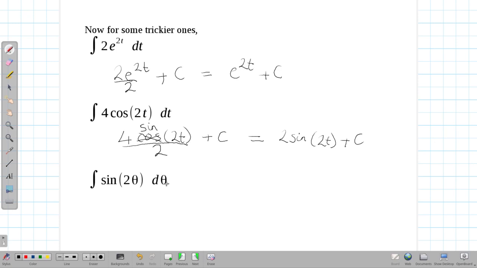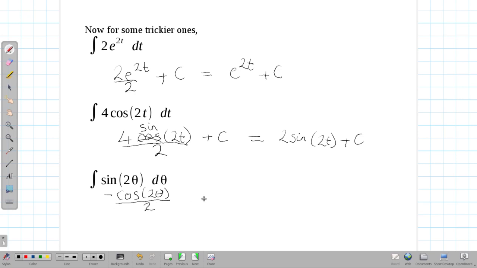Right, this one here, now we've got an issue here. Well, we haven't got an issue, but it's easy to trip up, because when we do a derivative of cosine, we get minus sine, but this hasn't got a minus sign in front, so that means it must have started with a minus cos 2 theta, divided by 2.